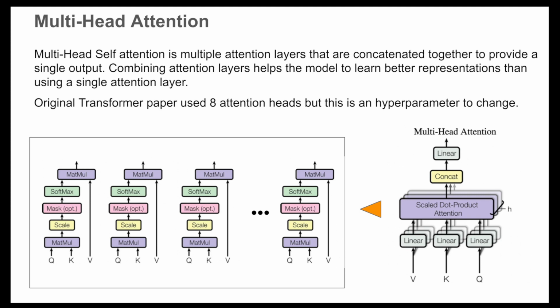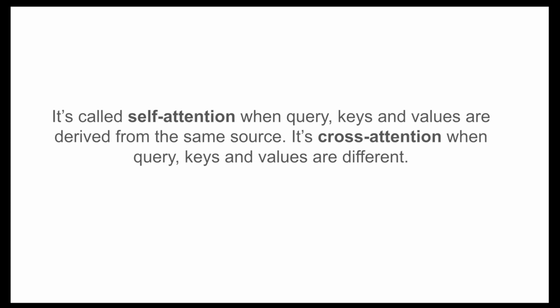Recent large language models that use transformers have more than 8 attention heads. Another thing to note is that it's called self-attention when query, key, and values are derived from the same source. Otherwise, it's cross attention, especially when query, key, and values are different.